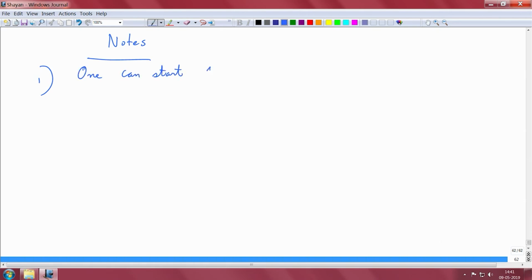Okay, so just small notes here. One can start with any value for the initial vector instead of fixing it to be the all 0 vector, because this is easy for us in terms of updating.